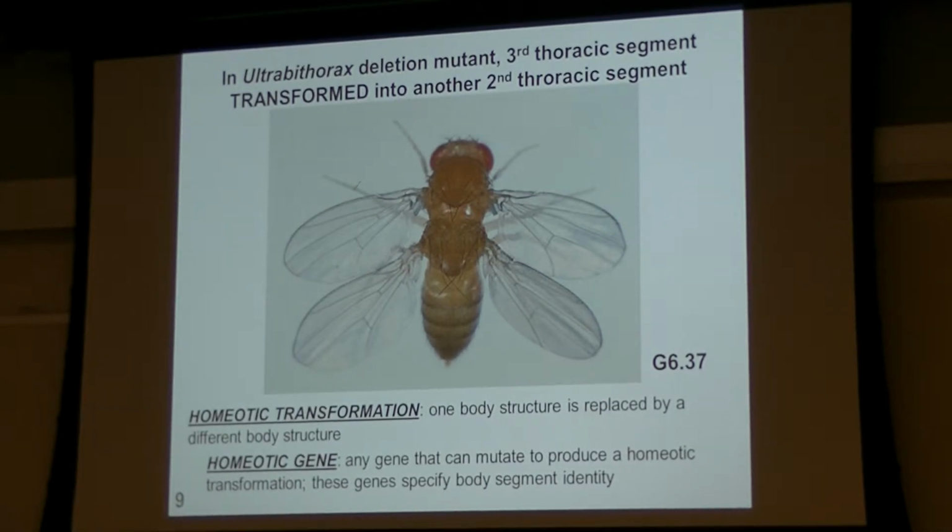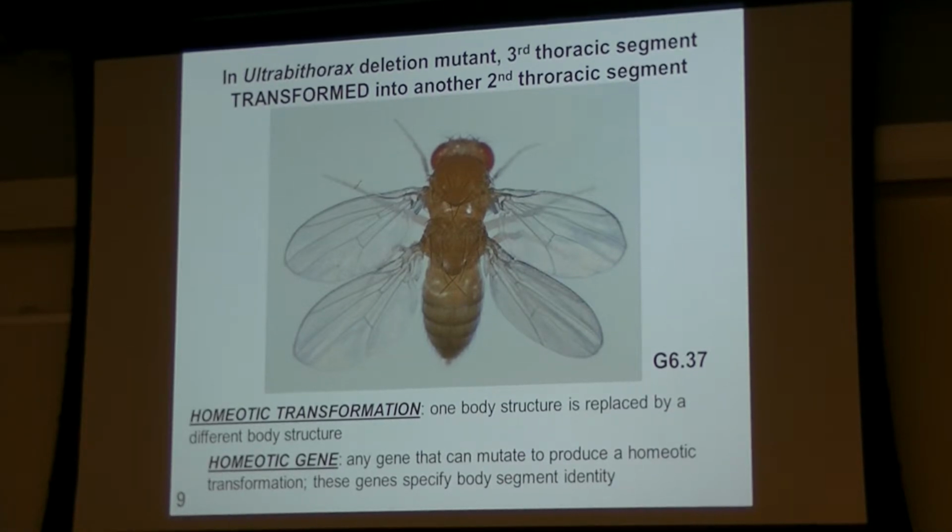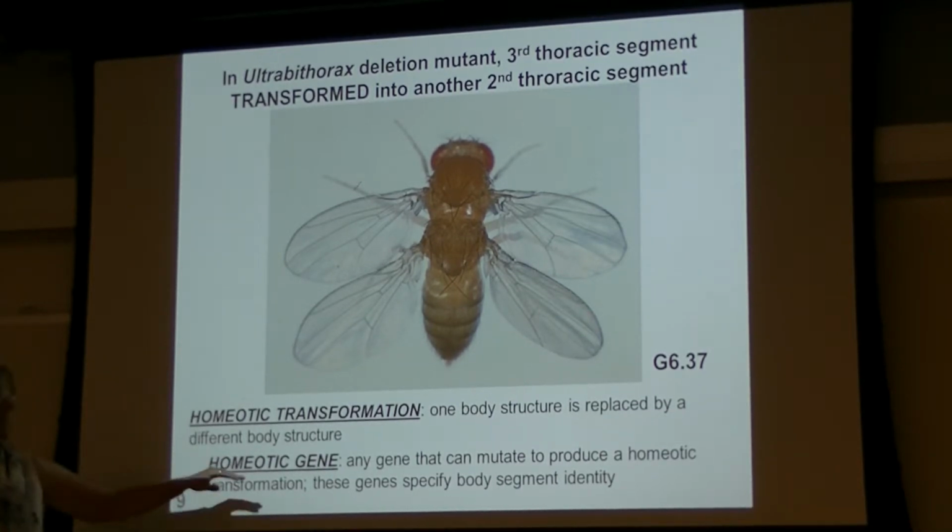And we talked about many homeobox or Hox genes that could mutate to produce this special phenotype. So many Hox genes can do this, but not necessarily all of them. So now we're going to have a look at plants and see some examples of homeotic transformation in plants and think about what the genes are that could be responsible for that.